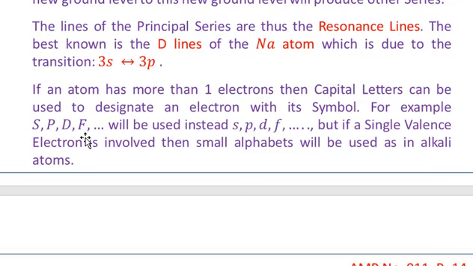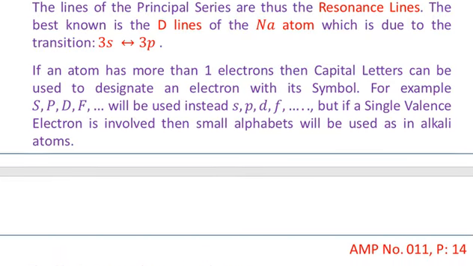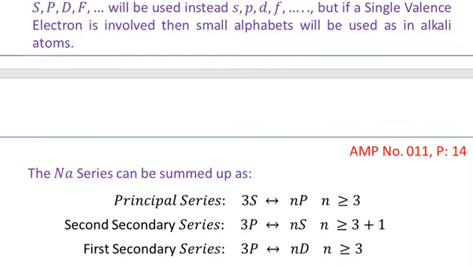And if you consider that only a single valence electron is present, and you include the screening effect of the internal electrons screening the nuclear charge, then you can consider the alkali metal atoms as consisting of a single valence electron, and in that case you can use small letters also. So both notations can be equally valid for the alkali metal atoms.